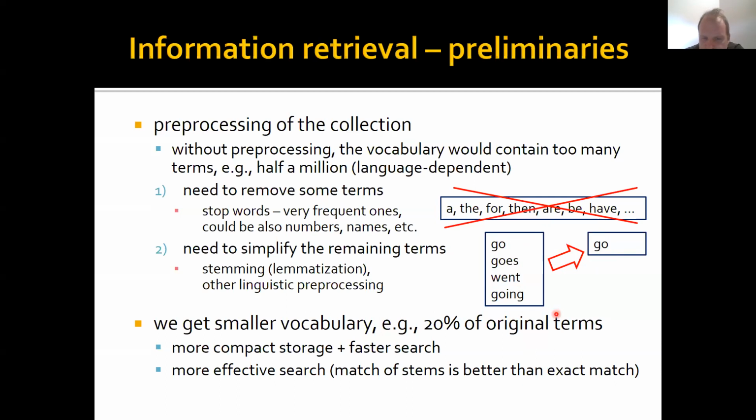If we use quantization in search, we are able to match different words to each other if they belong to the same quantum. So this is how we can effectively search by the verb go, even terms that were not sharing the characters, for example, went in the other document. So this quantization effect leads to more effective search.